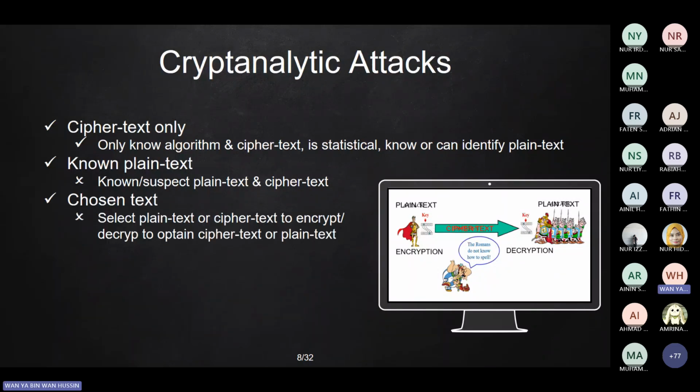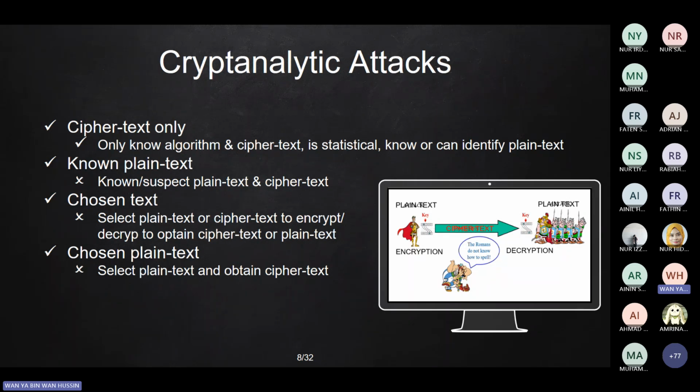Chosen text. This is either plain text or cipher text, and we will generate the cipher text or plain text. The main purpose is we want to know what the key is. In other books, they call it chosen plain text, where we know the plain text and we apply the crypto system and obtain cipher text.